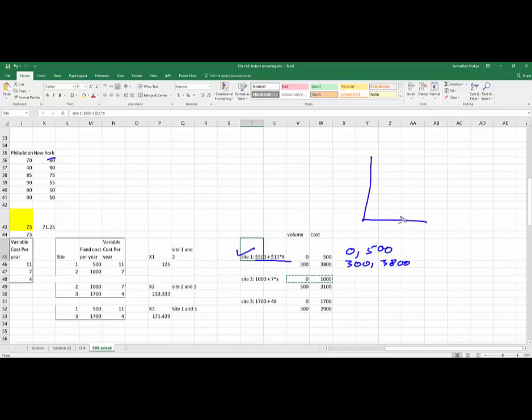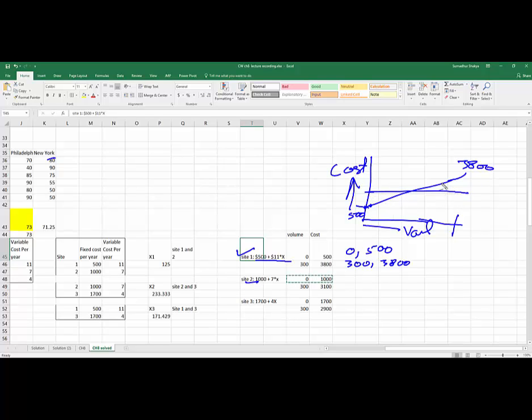So on any graph we will have a line wherein one of the points is 0, 500, like this, if this was to be the volume and this was to be the cost. So at this point volume is 0, the cost is still 500. And the next point would be when volume is, let's say, 300, the cost would be 3800. So we will have a line. Similarly, we will do this for site 2 and site 3.